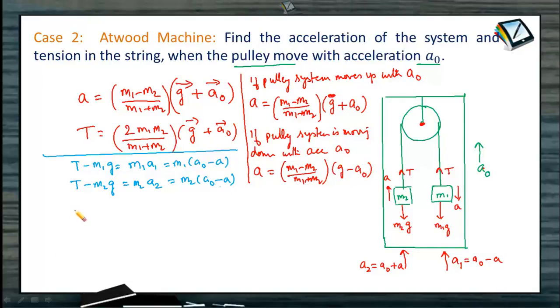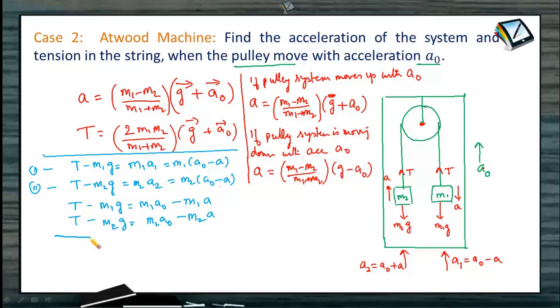Let us expand. We will take the first as equation 1 and the second as equation 2. From the first equation, we get T minus M1G is equal to M1 A0 minus M1 A. Second equation, T minus M2G is equal to M2 A0 minus M2 A.